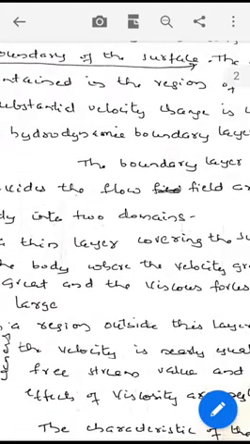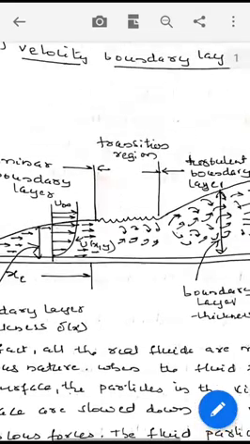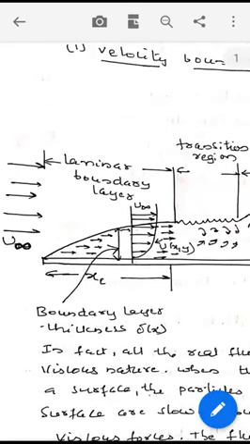Up to some distance from the leading edge, the flow remains orderly and the fluid particles move along streamlines, and the flow is said to be laminar.